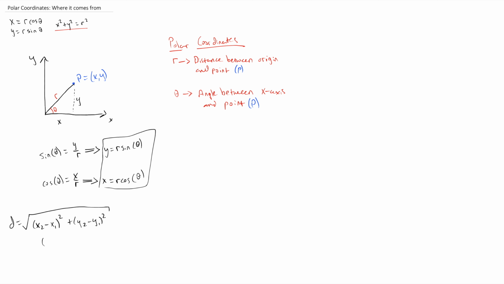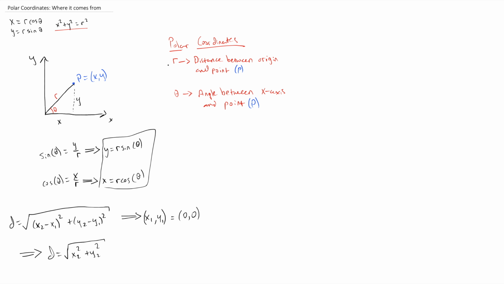So we know that x1 comma y1 is 0, 0 for when we're trying to find the distance from the origin to some point. And so we can go ahead and simplify this. Distance equals the square root of x2 squared plus y2 squared. And x2 and y2 is really the coordinates of P. Now, we said that d represents the distance from the origin to the point.